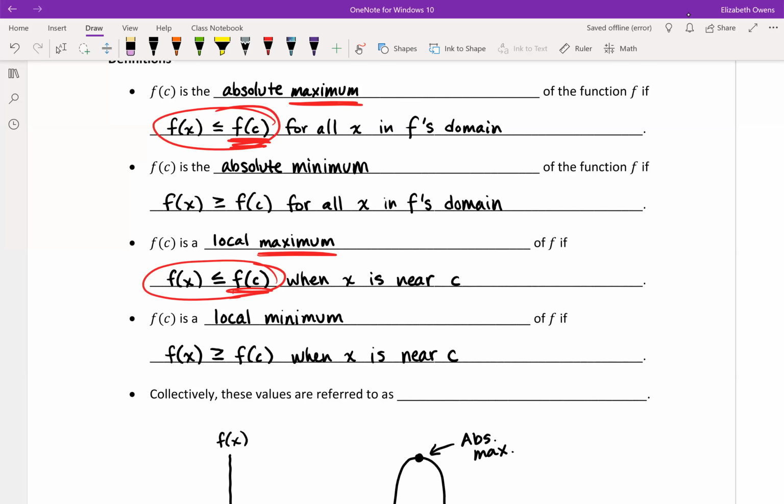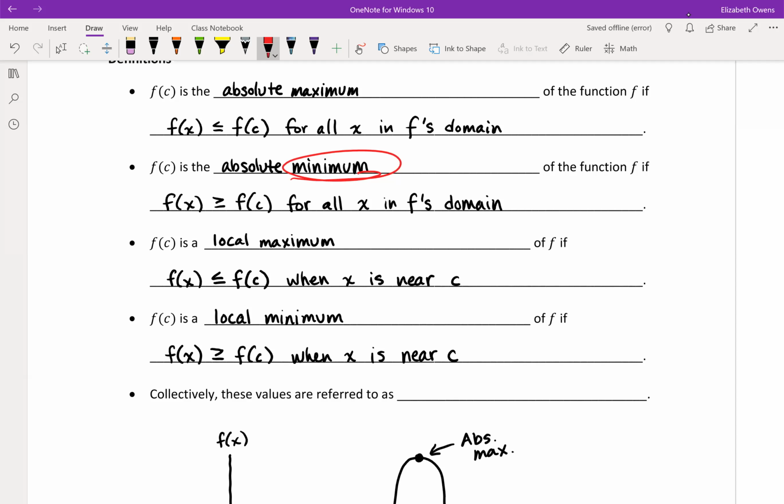So that hits maximum. And then to contrast with that, if you see minimum, we have this type of definition. So the other f of x's have to be greater than or equal to f of c in order to make f of c the minimum value. All right. So there's the difference between maximum and minimum definition-wise.